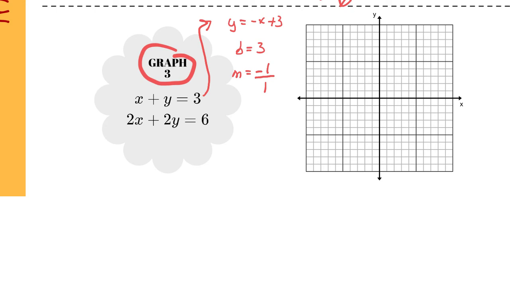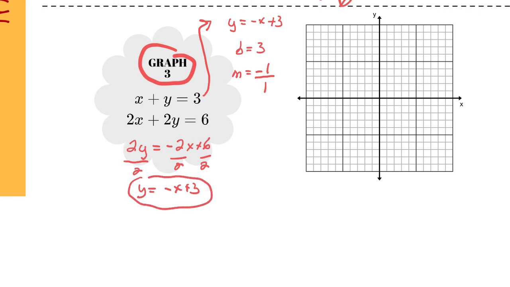My second equation, I'm going to just sketch it out underneath here, put the x to the other side, isolate y by dividing everybody by 2, and I'm going to get y equals negative x plus 3. Well, that's the same equation as the first one.